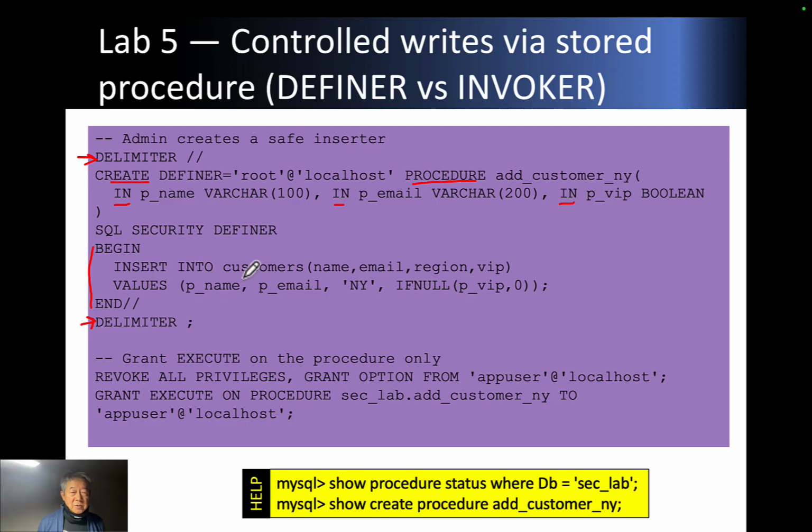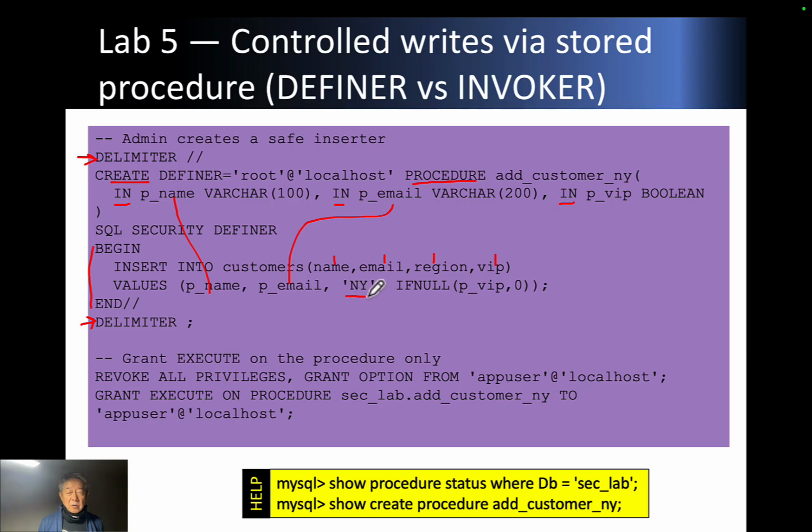We're going to insert into customers name, email, region, and VIP. The values: pname comes from here, pemail comes from there, and then I would add the customers for New York only, so I put NY.